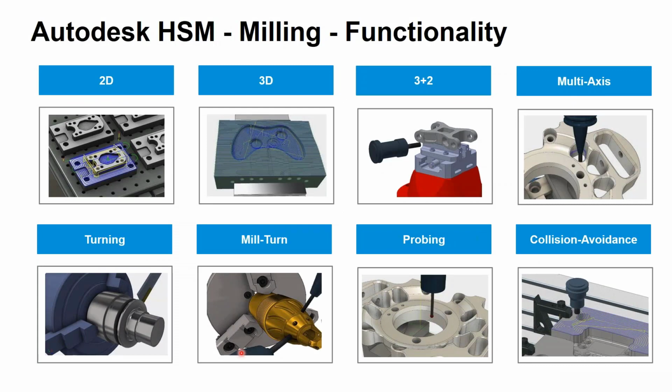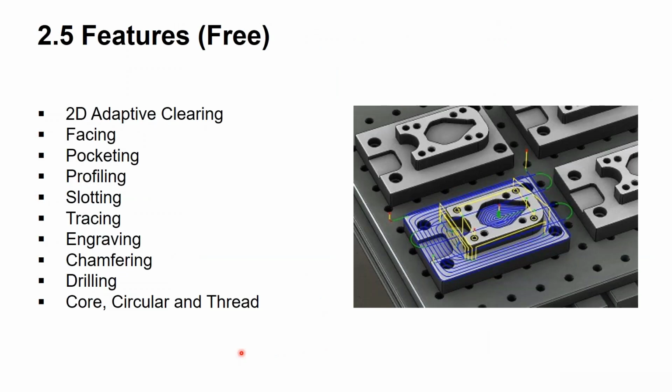So let's look into the Autodesk HSM milling section and what kind of functionality we have. I will start with the 2D strategies. First of all, we have 2D adaptive clearing. That is a very, very nice feature, and we have it both for 2D adaptive clearing and 3D adaptive clearing.